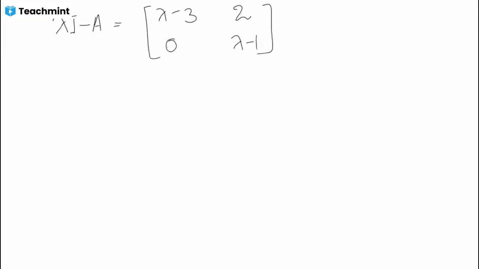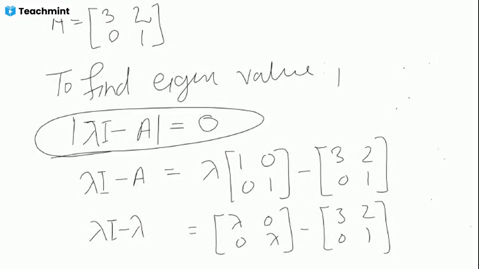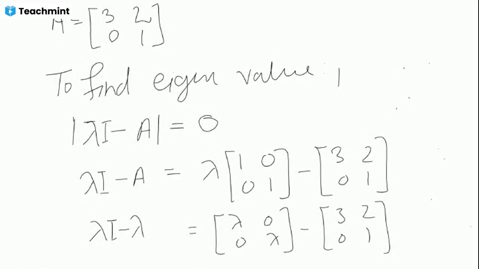Now let us find the characteristic equation by taking the determinant of this lambda into I minus A. So now let us find it.